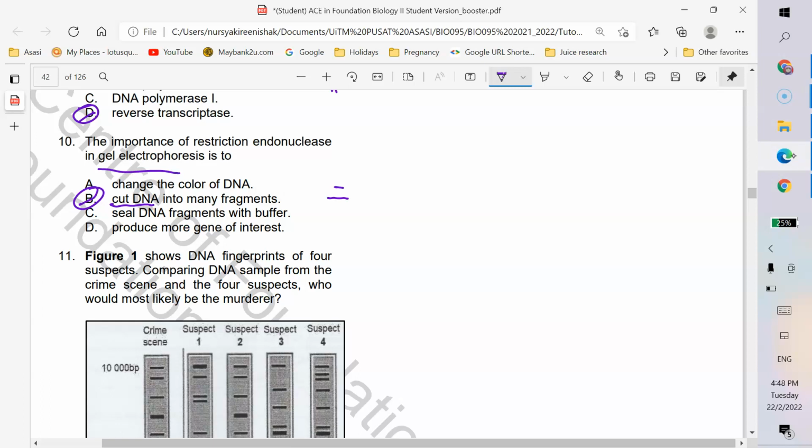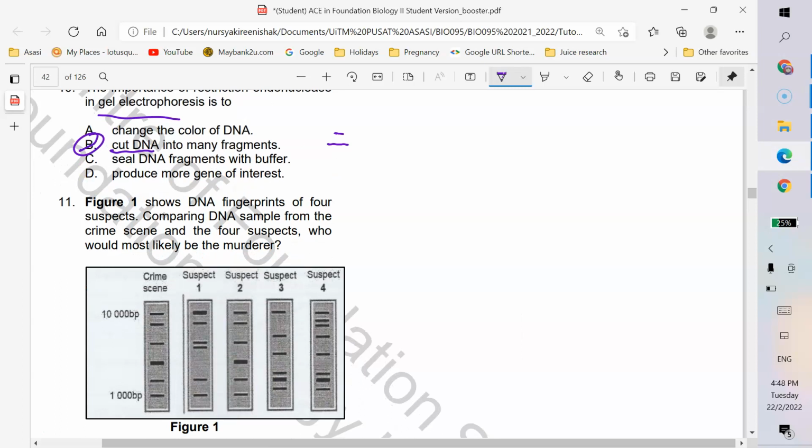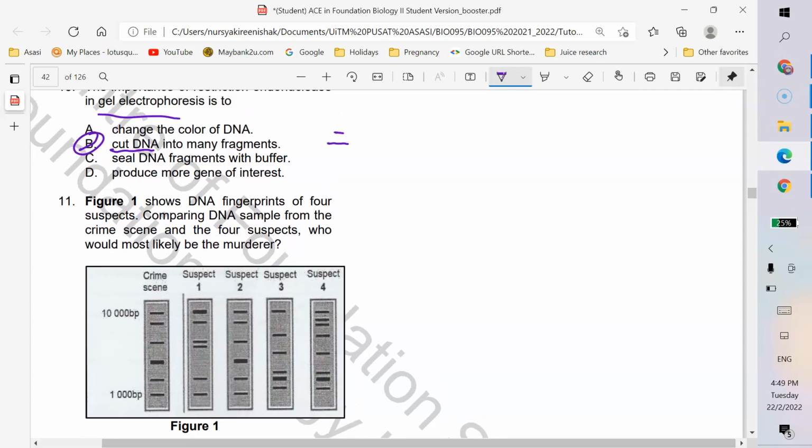The further the DNA fragment travels, the smaller the size. The shorter the DNA travels, the bigger the size. The bigger the fragment, the slower it moves, the shorter the distance between the well and the DNA band.